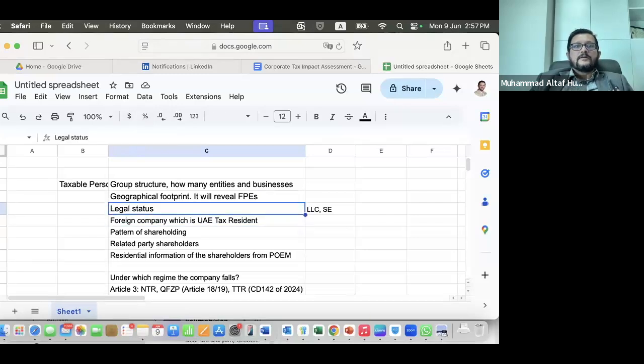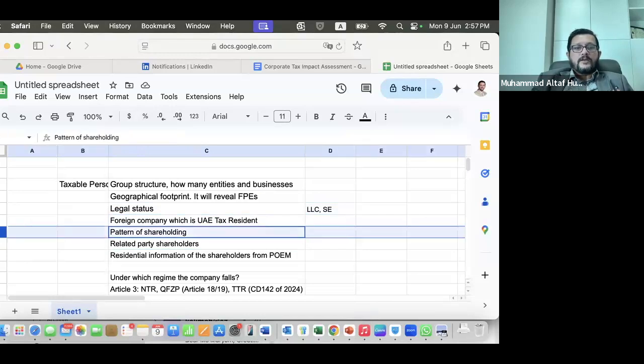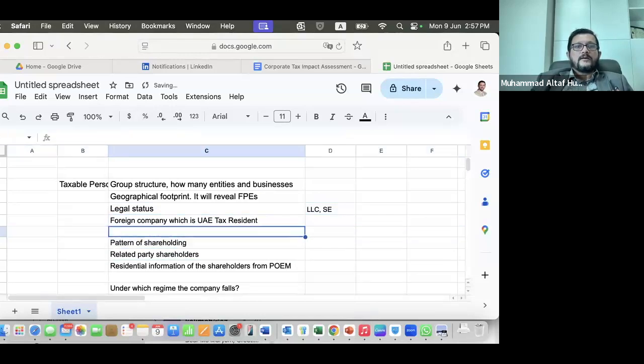We can also find out about, for example, if there is a foreign company, its pattern of shareholding. But even before that, here we can write one more thing: beneficial owners of the group. Okay, simply let's call it taxable person.